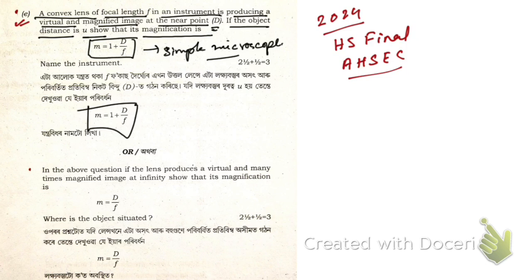And again, if the image is formed at infinity, then the magnification becomes this. That is also discussed in that same video. Here the position of the object is also asked, where the object is situated.